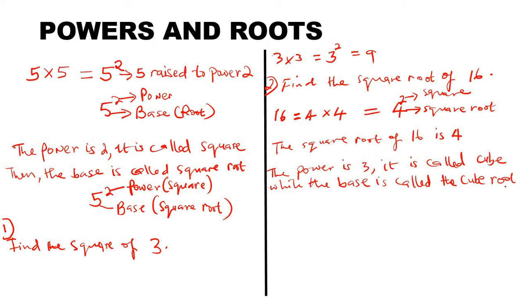So we may have an example now: 2 times 2 times 2, giving us 2 to power 3. This is the power, which is the cube, and this is the base, which is the cube root.